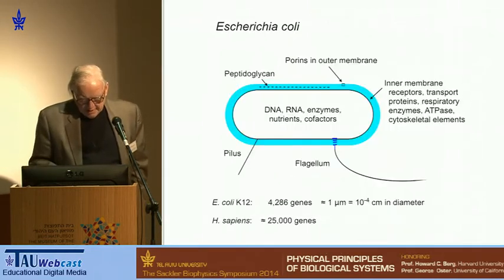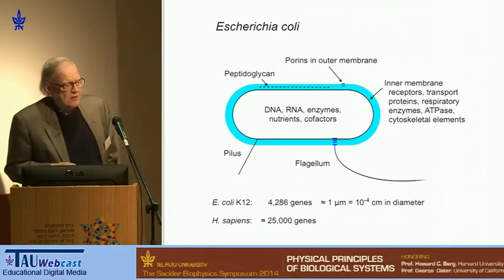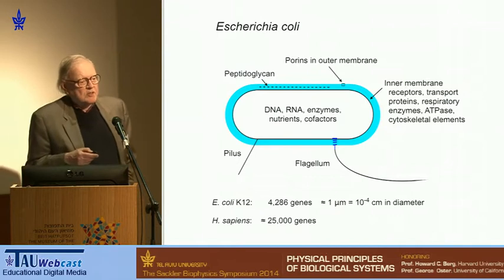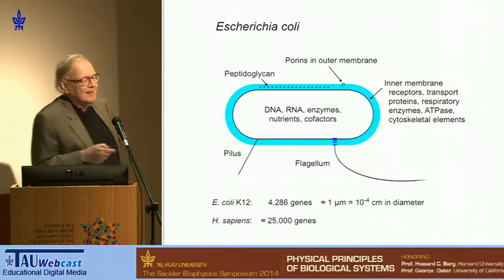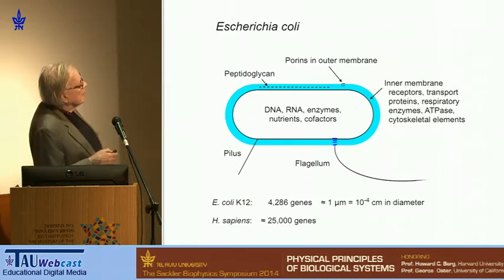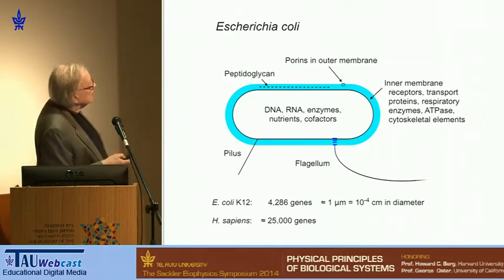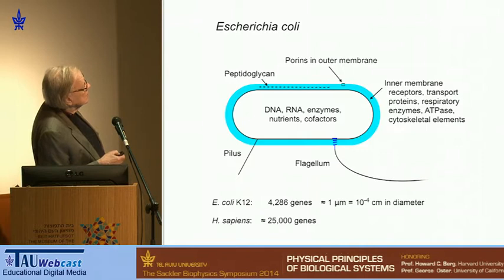I thought everyone knew about E. coli, but after this morning, I decided no one knew anything about bacteria. But this is a gram-negative organism. There are gram-positive and gram-negative bacteria. Gram-negative ones have a multiple layered cell wall. They have an outer membrane, which I haven't really drawn here.